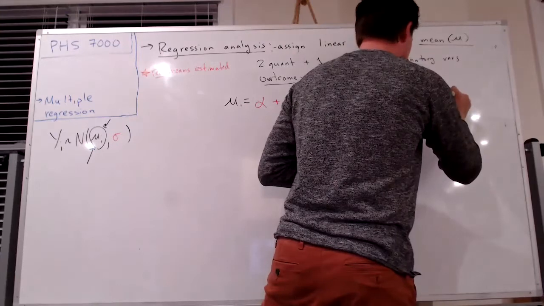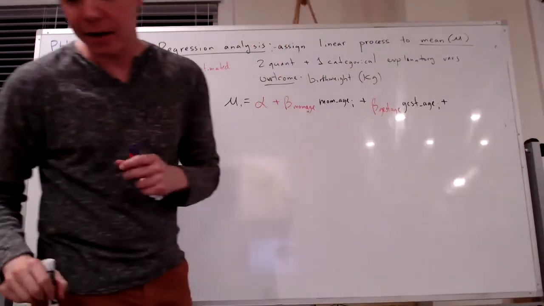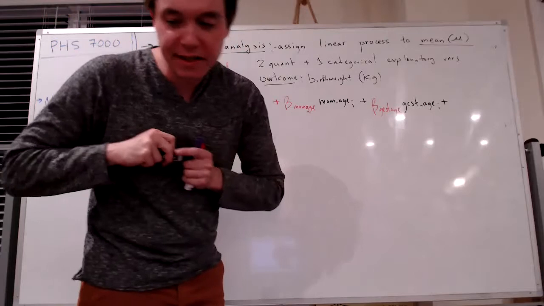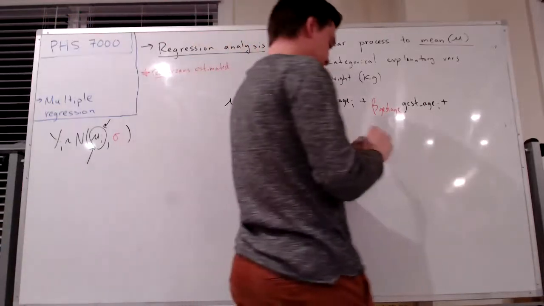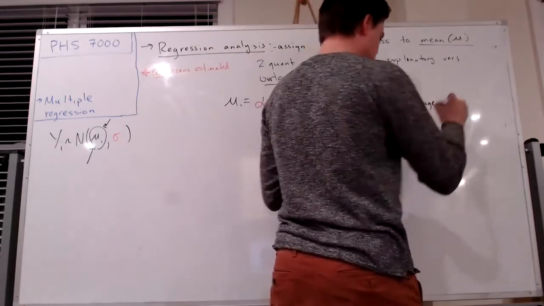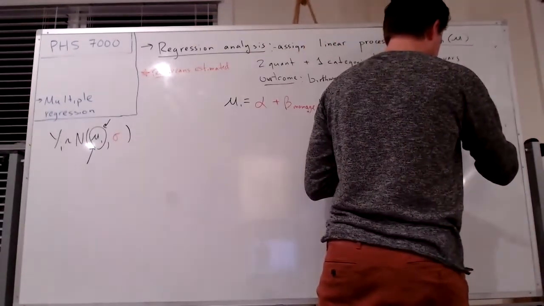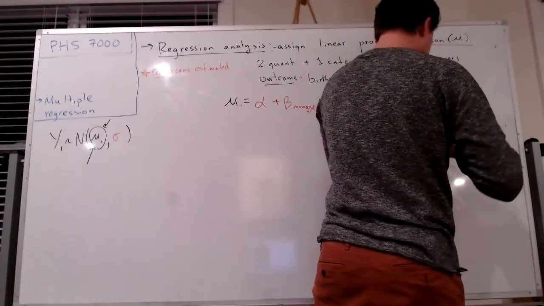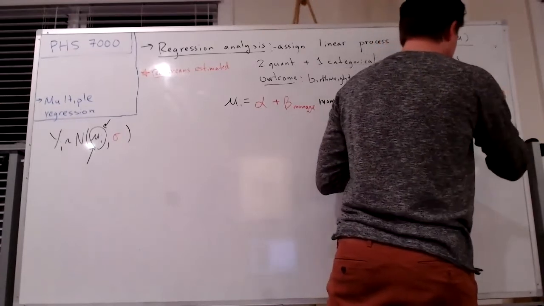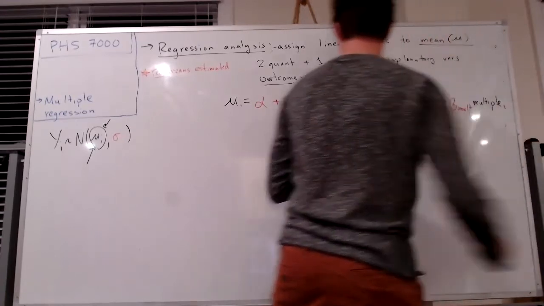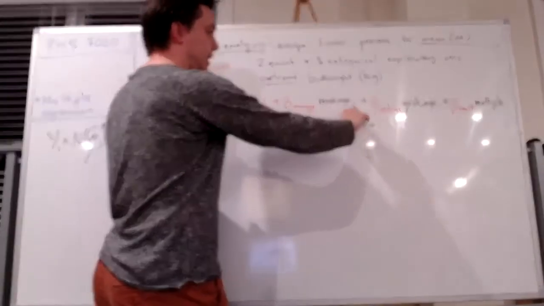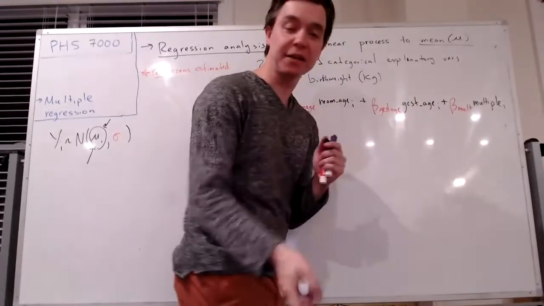Gestational age plus my categorical variable, it won't be delivery type, it will be whether there were multiple babies. So it's going to be beta multiple. And this multiple categorical variable, right? Mom age is the maternal age, just age is the gestational age.